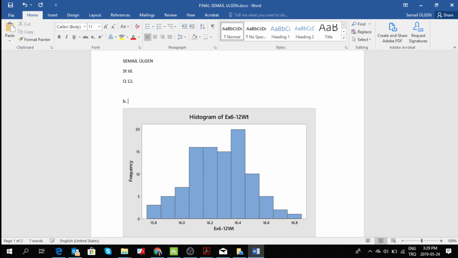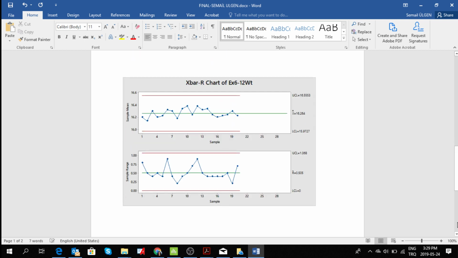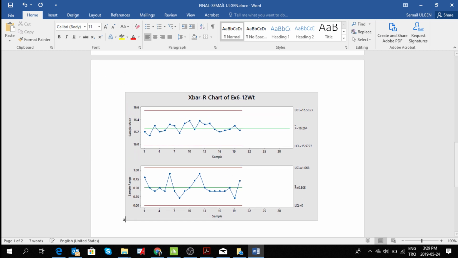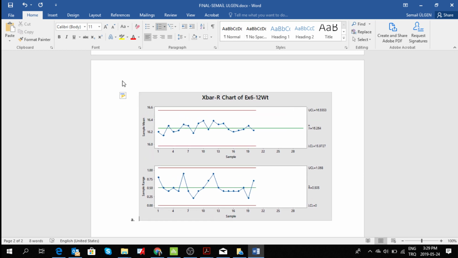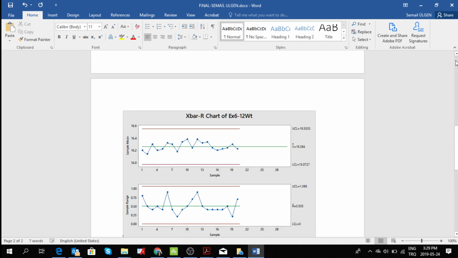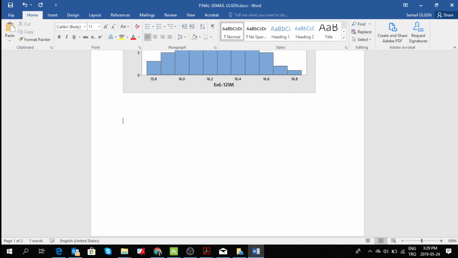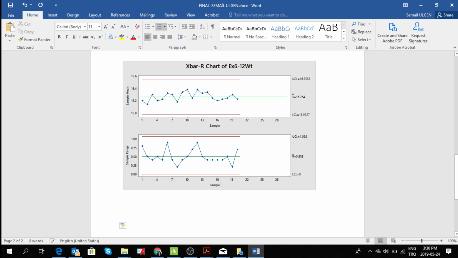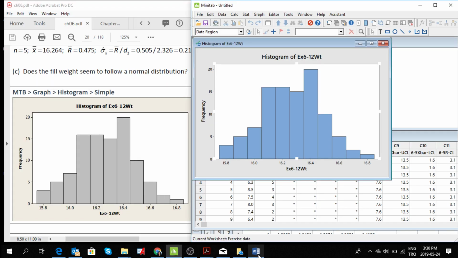This is part B in question 12, and this is the answer to part A. Maybe I should write it somewhere here. Okay, it's part A. And save it. Always save it. Don't forget to save it, because sometimes you may have some problems.